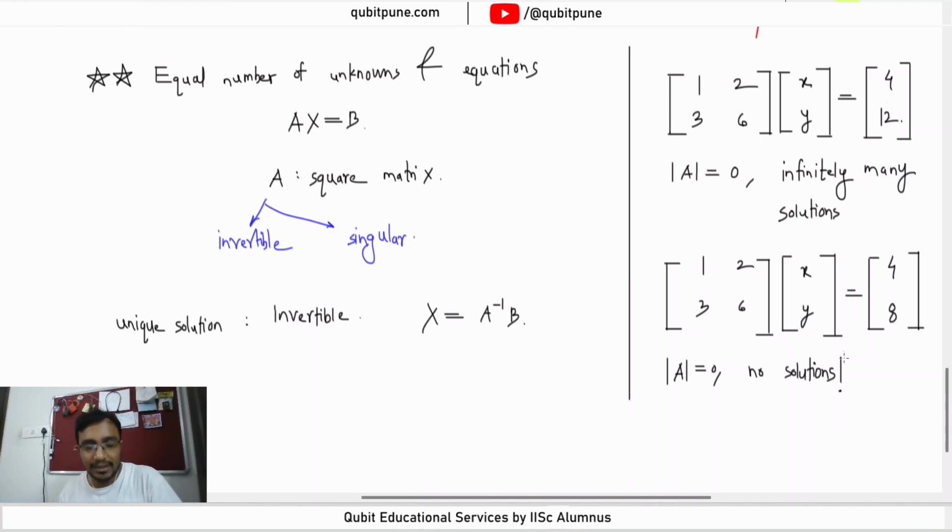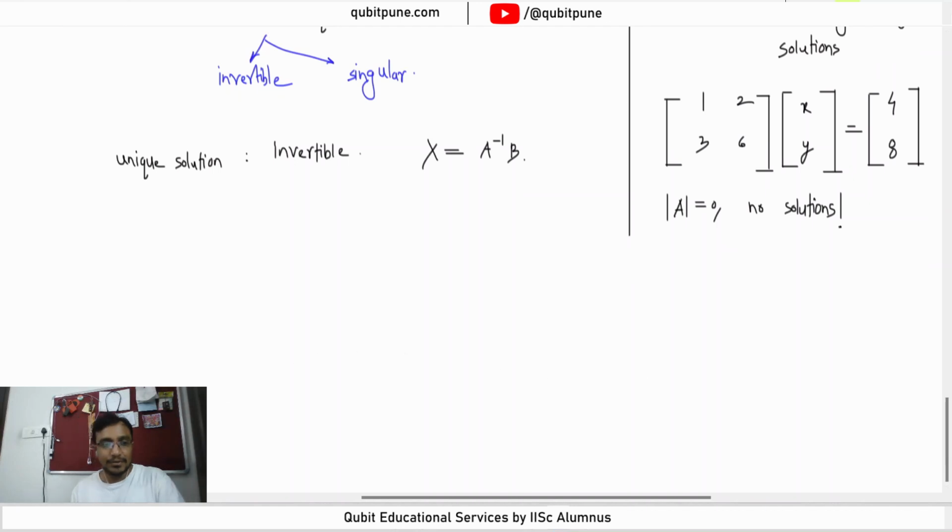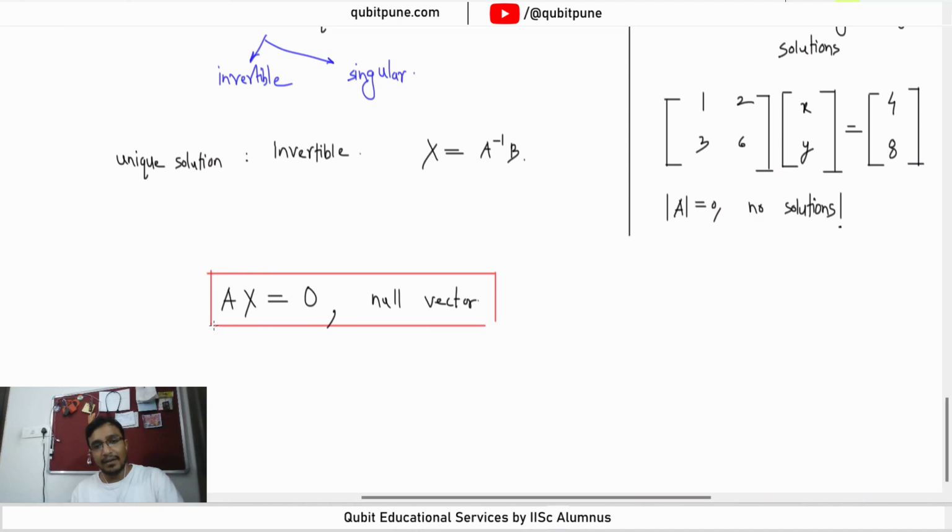That point is regarding those systems of equations where the right side is 0 or a null vector. Such systems of equations where no equation has a constant term in it. Do you know what they are called?